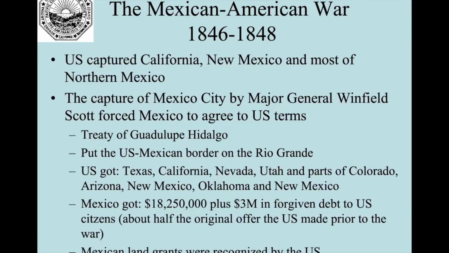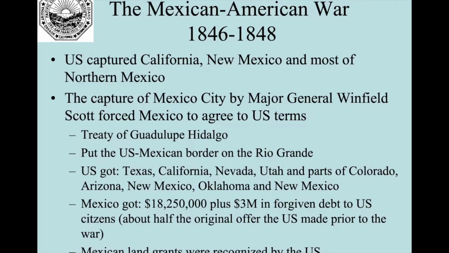So what happened in this war? How did it turn out? They captured California, New Mexico, and most of northern Mexico. When Major General Winfield Scott, and we'll talk about him more later, finally made it to Mexico City, that forced the Mexicans to agree to terms specified by the U.S. with very little recourse. This was formulated in the Treaty of Guadalupe Hidalgo that put the U.S.-Mexican border on the Rio Grande.